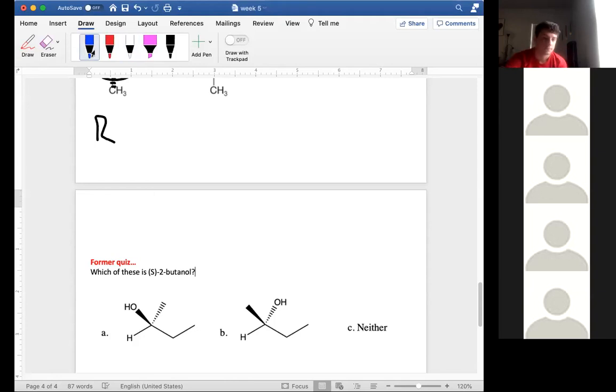All right, so going through it, since everybody's saying A, I'll start with B. On this one, what's our first priority? The O. And like I was saying before, it doesn't matter what is wedged or dashed yet, right? We haven't seen an H on the plane itself. We've always seen it wedged or dashed. So in this case, your fourth priority isn't a wedge or dash.